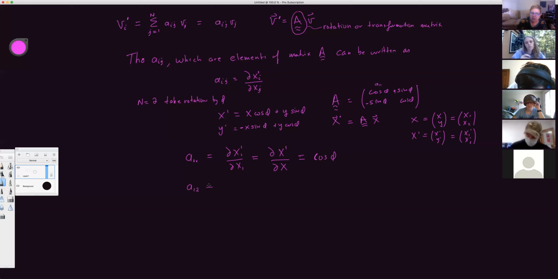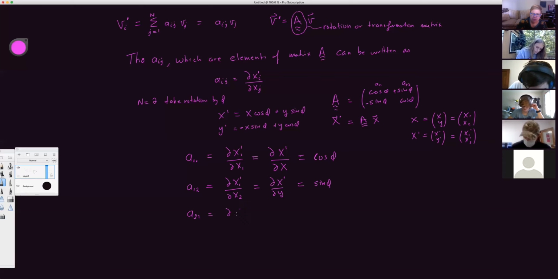So we have A12, that's partial x1 prime, partial x2. And so if we decode that, that's partial x prime, partial y. So what is that, somebody? Sine phi. Yeah. And as promised, this is A12, right? And what about A21?